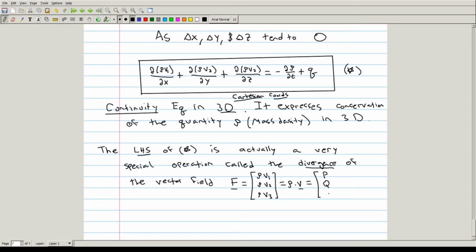But it could as easily be, call it vector field PQR, where P, Q, and R are these functions rho v1, rho v2, rho v3. So this is why I'm using the continuity equation to motivate the divergence.